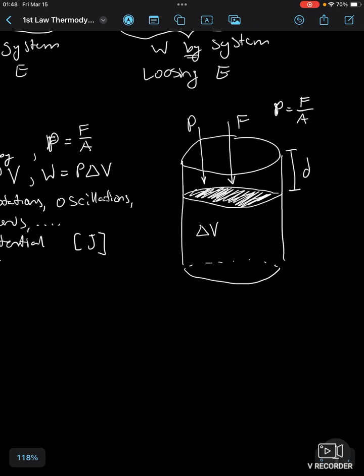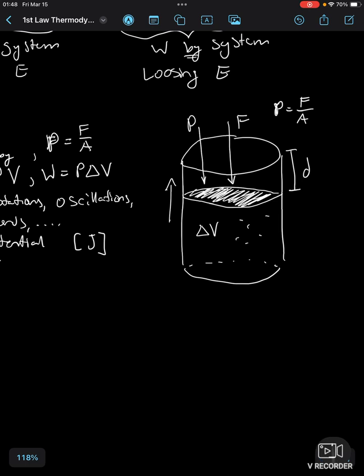Well, if the work is being done by the gas, aka the stuff inside here, all of this is moving up, we are losing energy, and the volume will increase, aka the work from that.